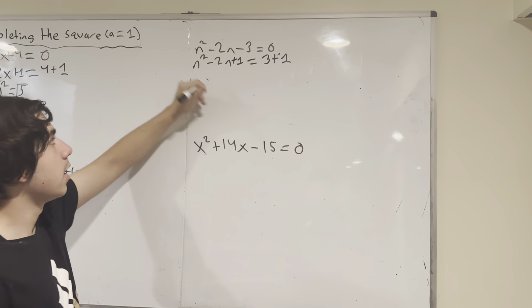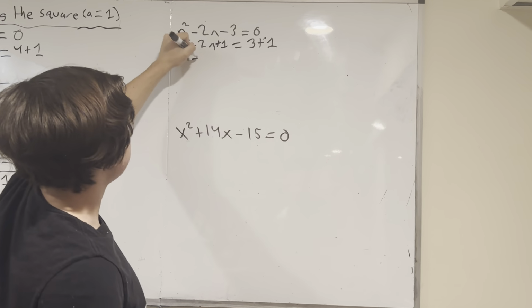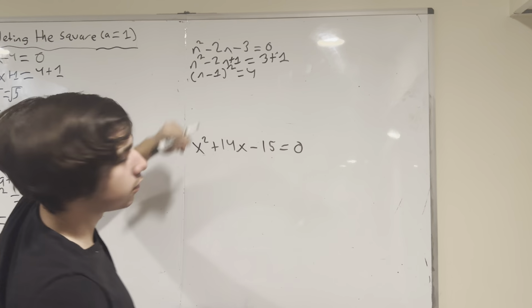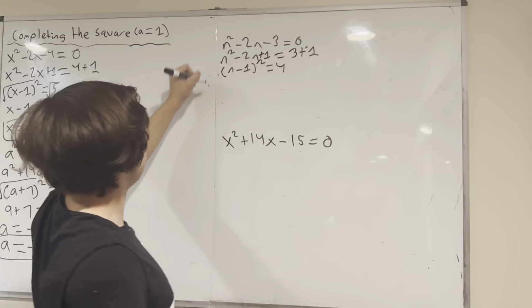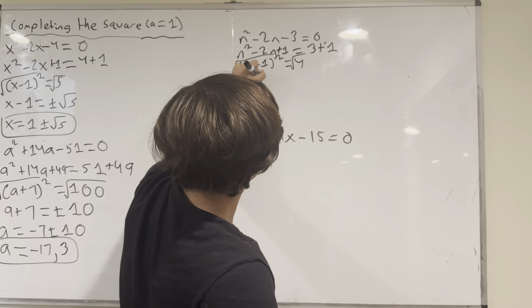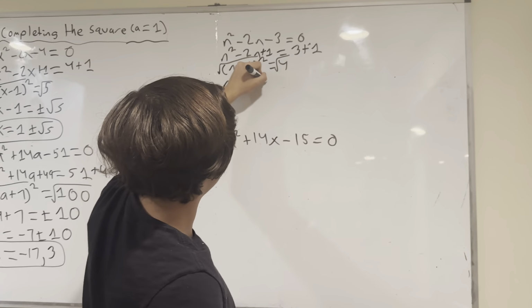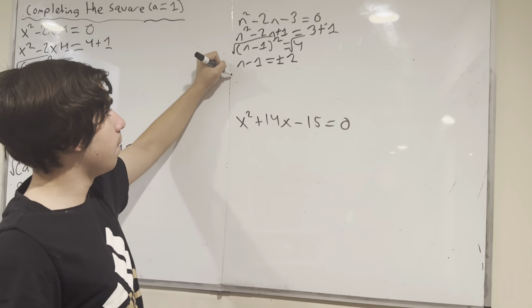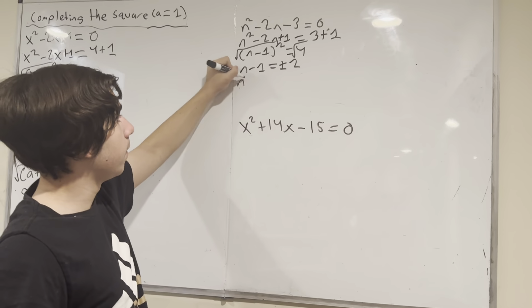Factor this, and I get n minus 1 squared is equal to 4. Take the square root of both sides. I get n minus 1 is equal to plus or minus 2. So n is equal to 1 plus or minus 2. So n will equal 3 or negative 1.